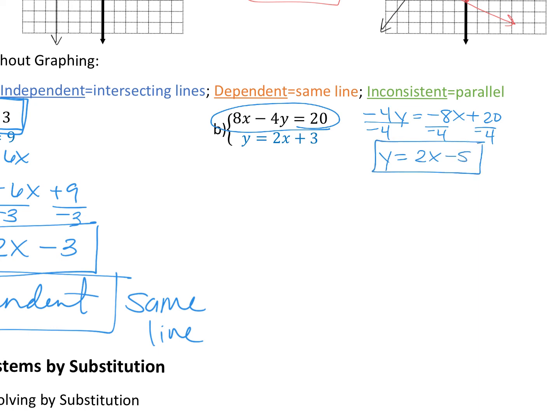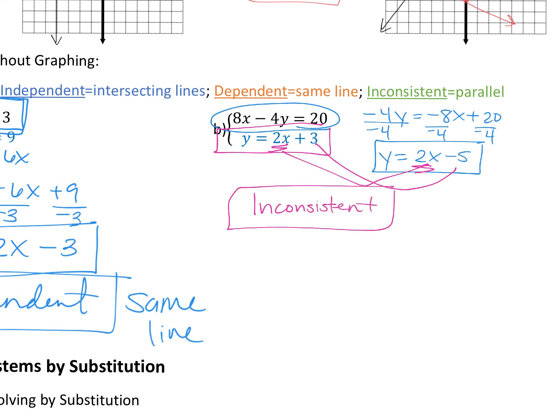Okay, so here's your two equations, 2x plus 3 and 2x minus 5. If they have the same slope, but a different y-intercept, that means those are parallel lines. So we would say this is inconsistent. Right, lines are parallel. Questions on that?